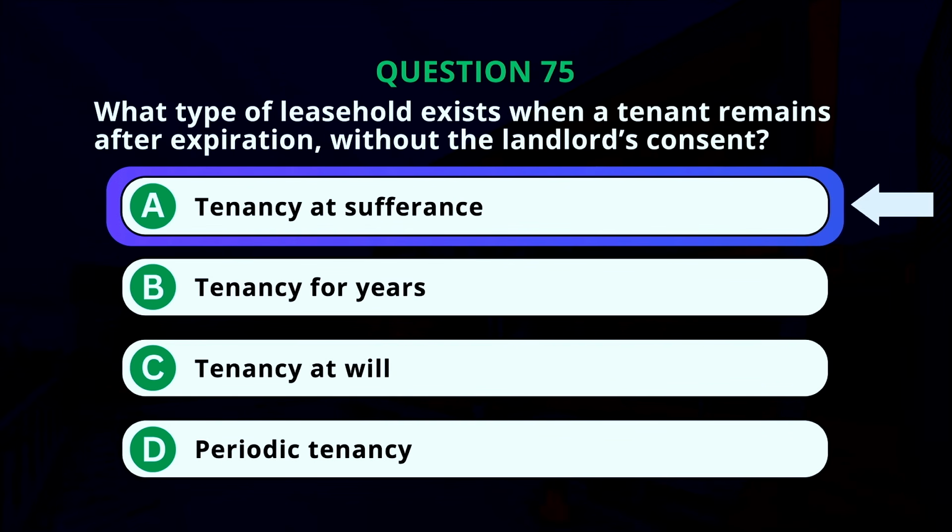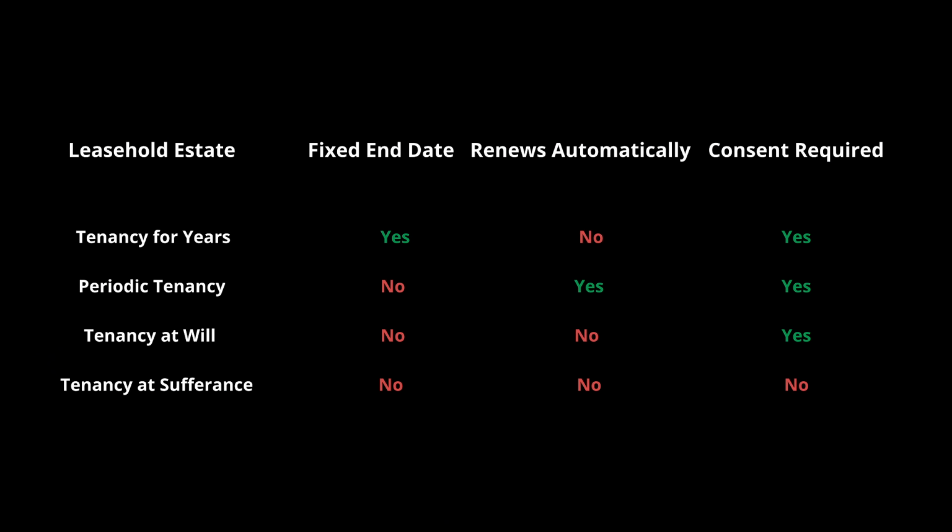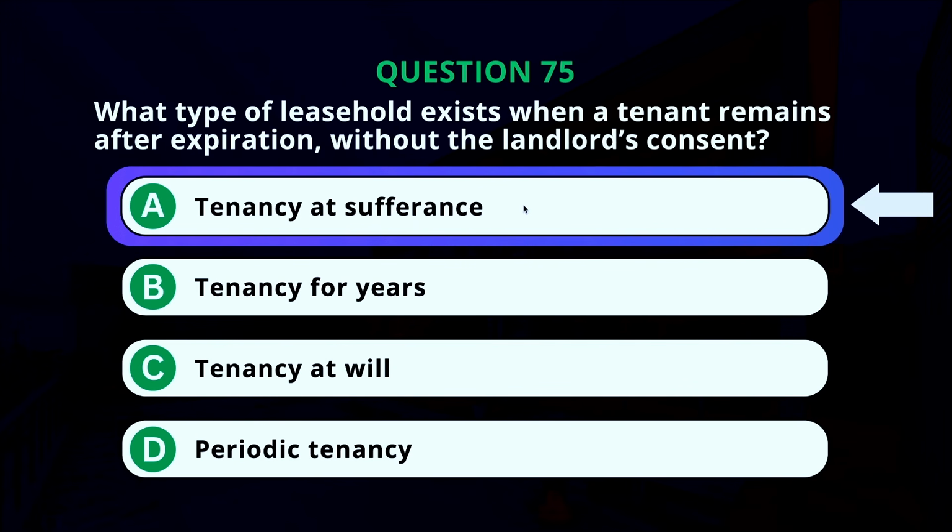So these, again, are all four legitimate things. You will learn about these in the leasing section of your books. So you want to know the definitions of these four. They are very popular. Tenancy at sufferance, tenancy for years, tenancy at will, and periodic tenancy. And so what type of leasehold exists when a tenant remains after the expiration? That's the operative phrase. That is all day tenancy at sufferance.